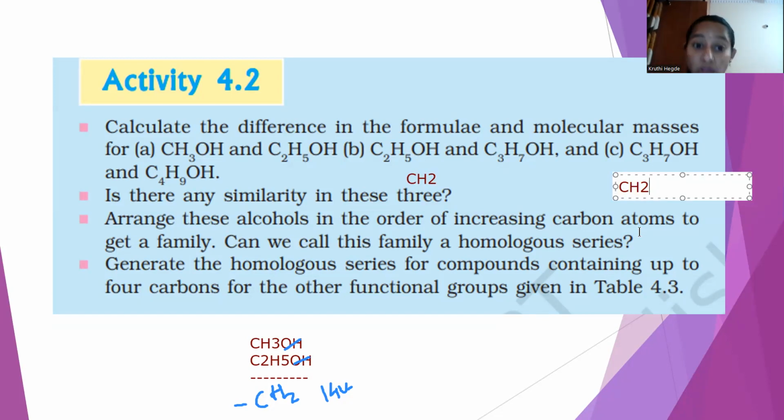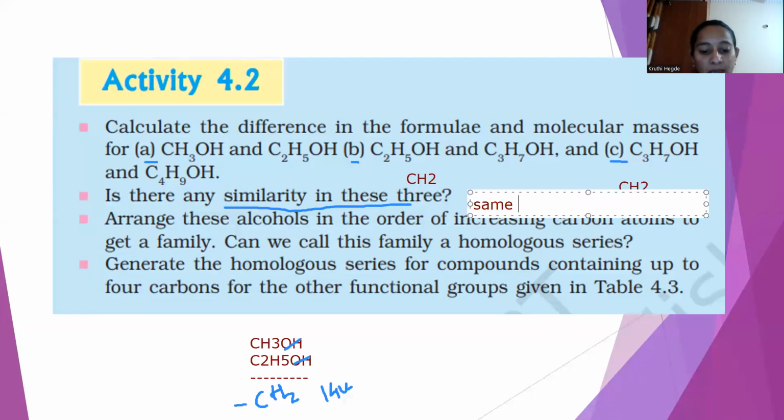So these 3 also, A, B, C, all these 3 are having a difference of CH2 and 14U molecular mass. Hence, they belong to, is there any similarity? Yes. What's the similarity? They have same functional group. FG means functional group.